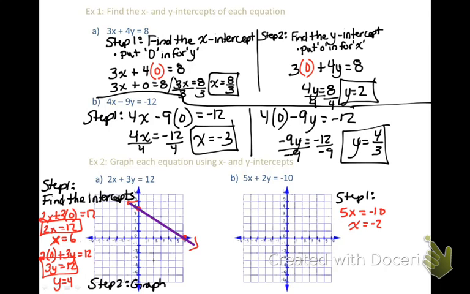And I'm going to find negative 2 on the x line, which would be right here. Now I'm going to find y, which would be 2y equals negative 10, and y equals negative 5. Find negative 5. Step 2 is graph. Remember, I want you to use straight edges for this.